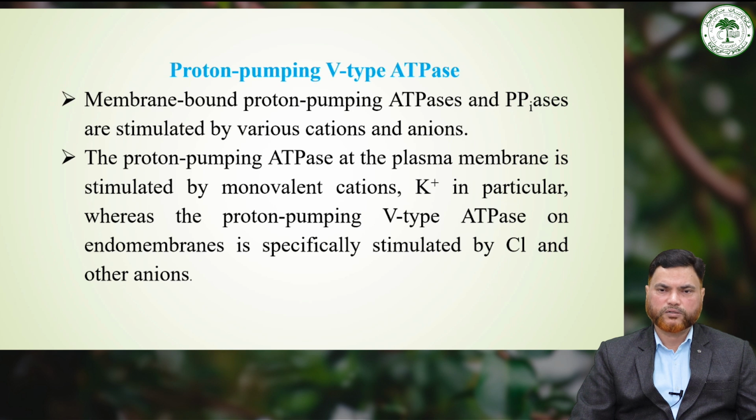However, the proton pumping V type ATPases found on the endomembranes are especially stimulated by chloride ions and other ions. So here you see how chloride ions play a very specific role in proton pumping.